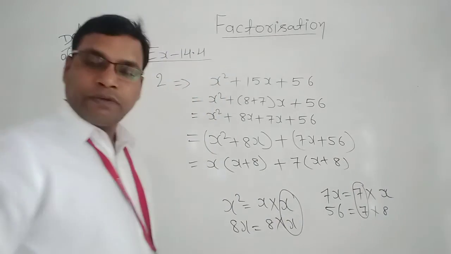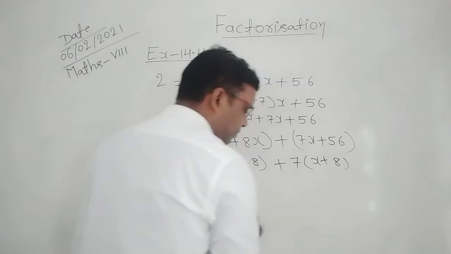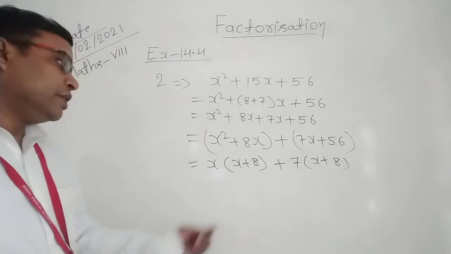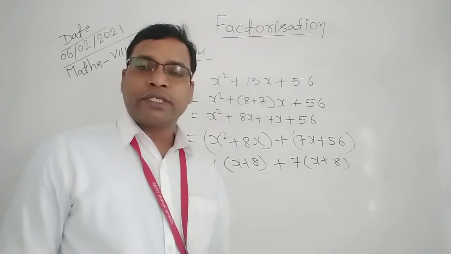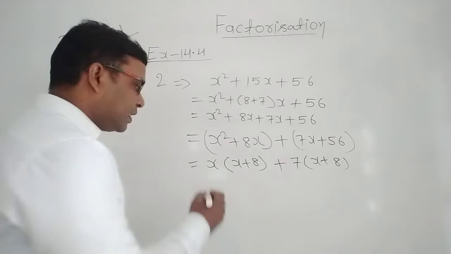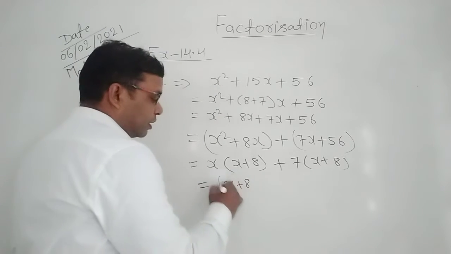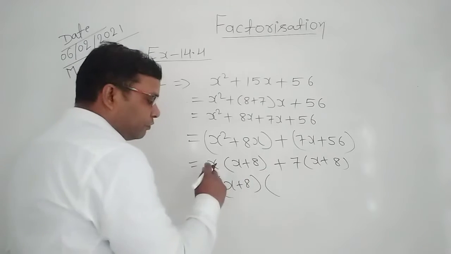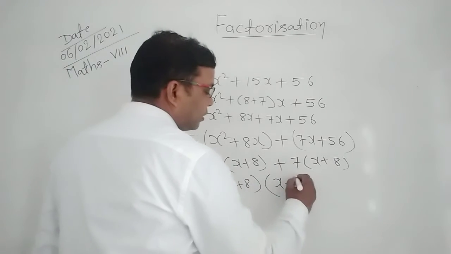I hope all of you understood this part. Now we can notice that in both terms, the first term and the second term, what is common between them? Obviously your answer is x plus 8. So you can take common x plus 8. After taking common x plus 8, here we are left with x, and here 7.